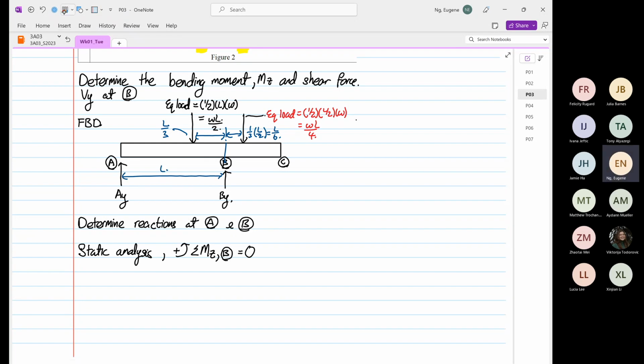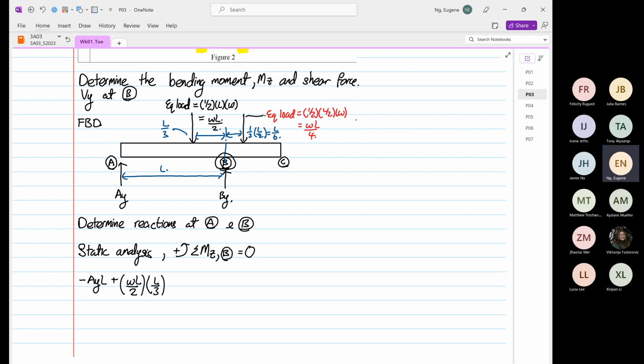So from here, we're going to take moment at point A. So AY is going to induce a clockwise direction, so minus AY L. And then the omega L over 2 is going to induce anti-clockwise, plus omega L over 2 multiplied by L over 3.